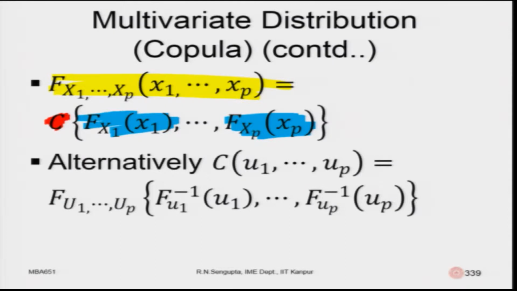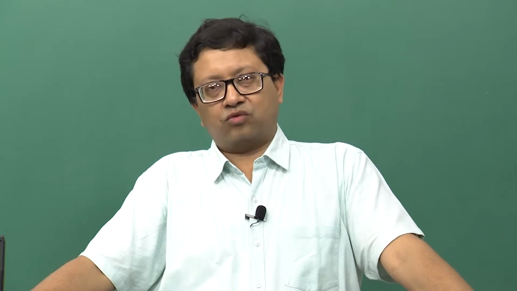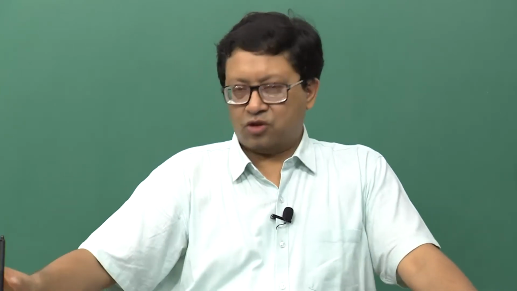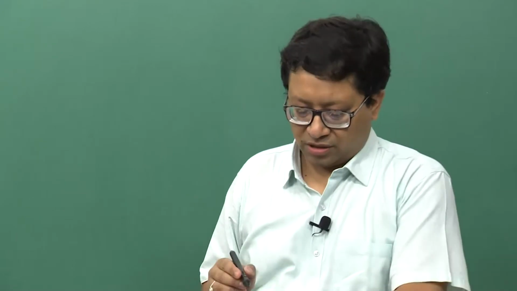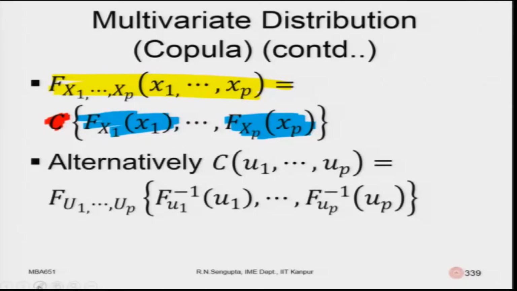Alternatively, you convert these x1, x2, x3 distributions, corresponding to the fact that the sum of the probabilities of all of them is equal to 1, and you map them onto the univariate case and do the problems accordingly. I will come with the diagrams and all these things later on. So, let me write it and explain.